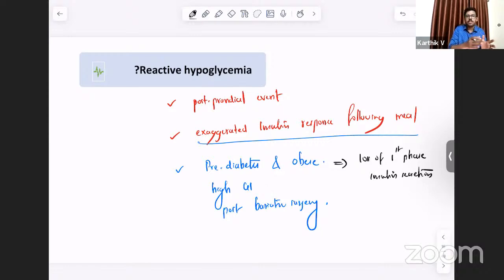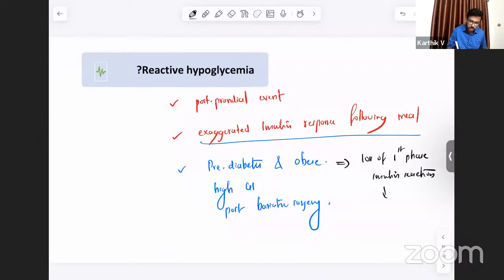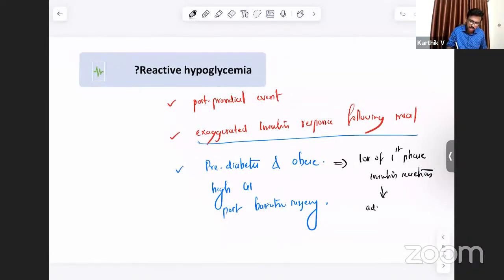So these patients would have an immediate hyperglycemia due to lack of first phase insulin secretion. But later on, the body would try to compensate by producing additional amount of insulin.